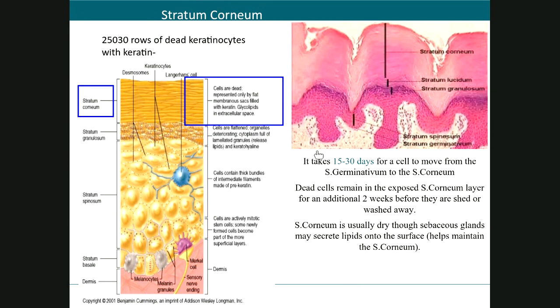It takes about a month for the cells to go from the stratum basale all through the layers and then up into the stratum corneum. The cells remain in the stratum corneum for maybe an additional 2 weeks before they slough off. At this point, the sebaceous oil glands don't really reach this top layer, so they're easily sloughed off, and that's what becomes the dust.